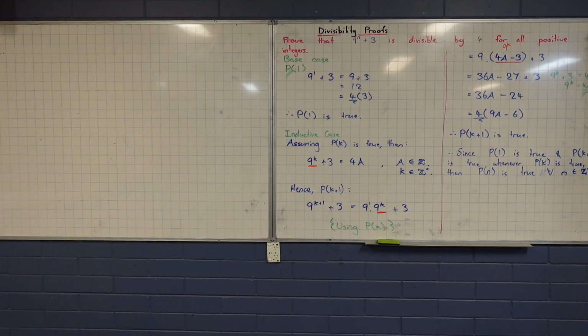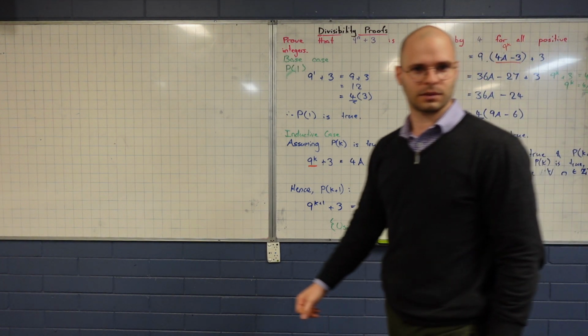So the upside down A means for all values of n that are positive integers. Seem cool? Yes, sir. Any questions?